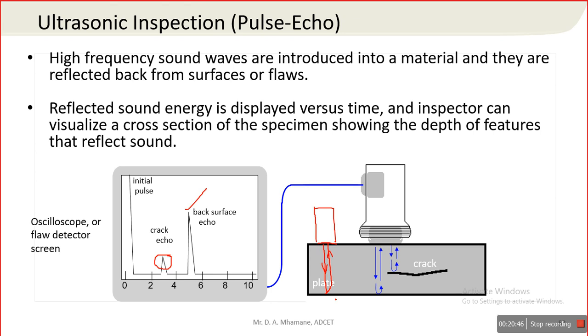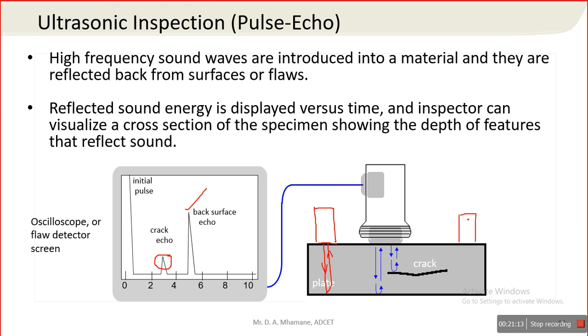So this is the theme behind ultrasonic testing. Here, as the same probe transmits and receives the sound wave, it is called pulse echo. Suppose there are two different probes.